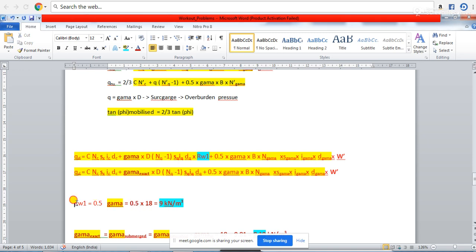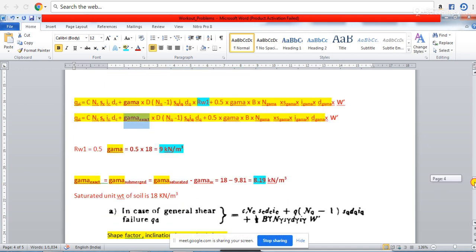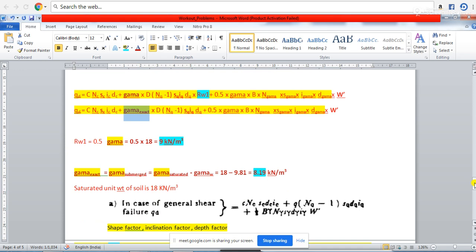But if you do not use the rw1 factor, instead you can use the gamma exact value. So what will be the gamma exact? Suppose when you are testing the soil, your bulk or saturated unit weight of soil comes as 18 kilonewton per meter cube.